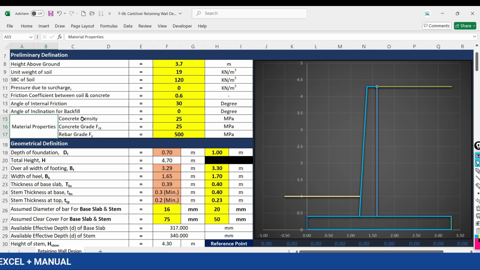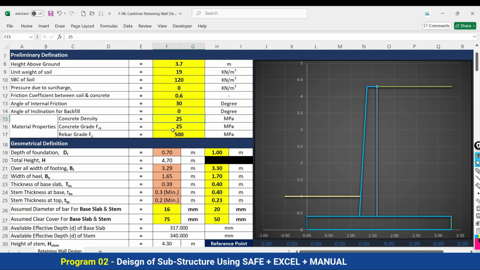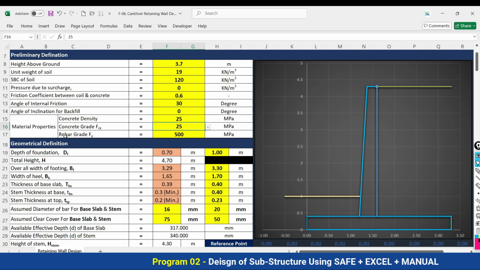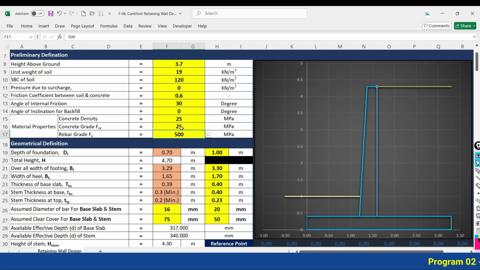Now, material properties. Concrete density is 25, concrete grade is M25 and rebar grade is Fe500. If you want, you can change the grade of steel or the grade of concrete as per your need.